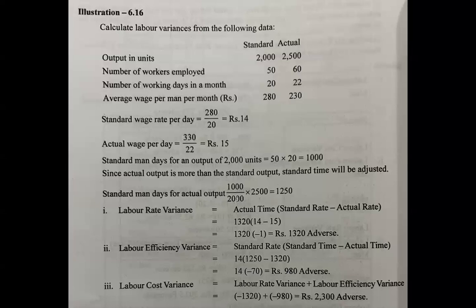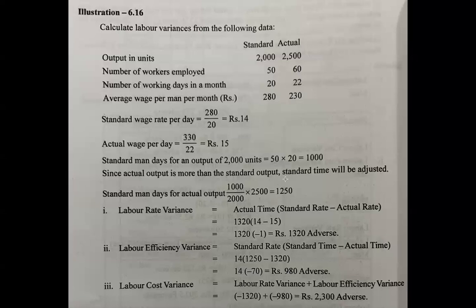Time spent by standard output into actual output simply gives you the standard man days for actual output, which is 1250.